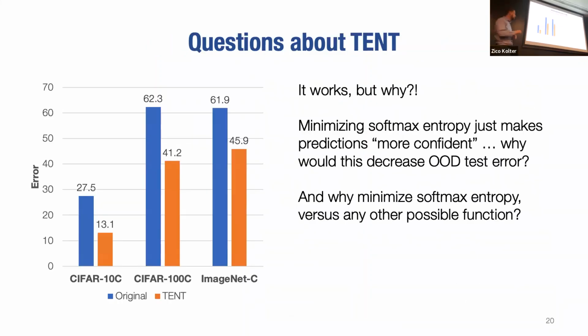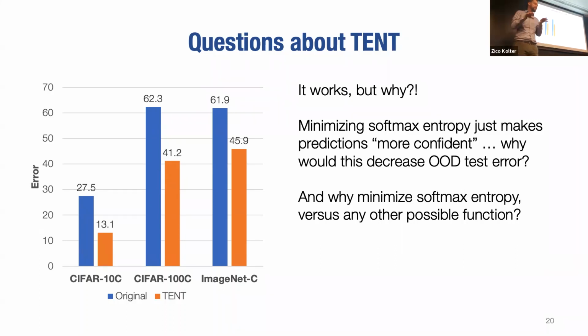Here's the plot showing it works. But why? This is your original error, again on some corruptions, you minimize entropy of your predictions and it works better. This is crazy. The rationale they give in the paper is that the real predictions on in-distribution data have lower entropy than out of distribution. So we're going to minimize entropy.